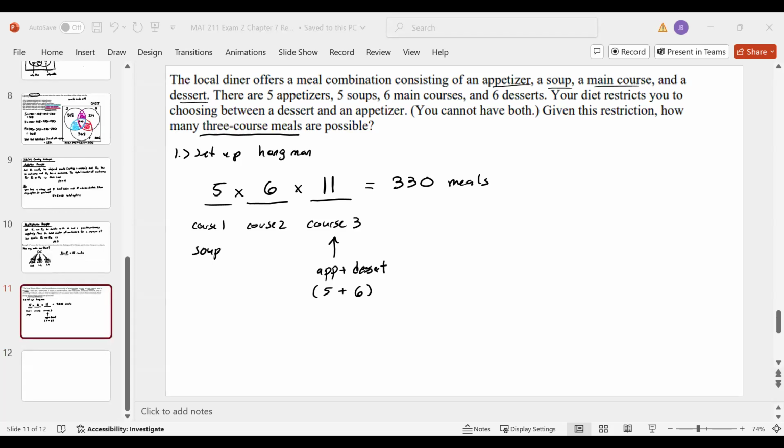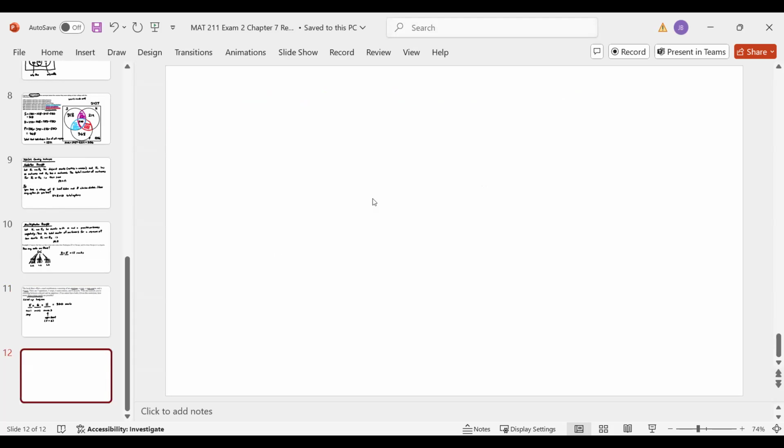So then this kind of idea leads into permutations. Okay, so we can start talking about permutations and the fundamental theorem of counting.